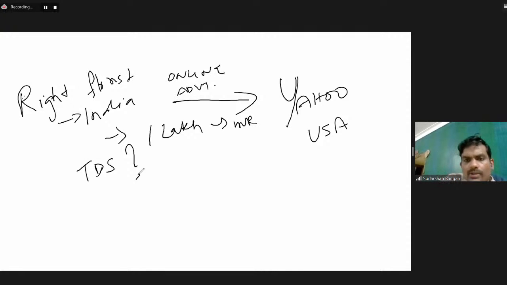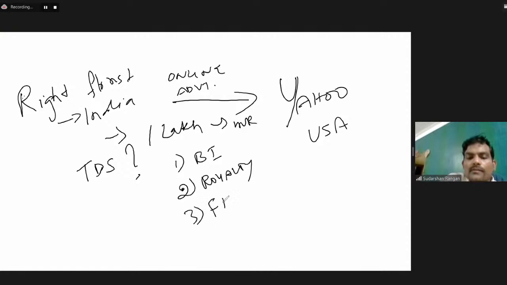So first, we'll try to understand the character of this payment. Is it business income? Is it royalty? Is it fees for technical services? Ideally, this is how we will approach it.